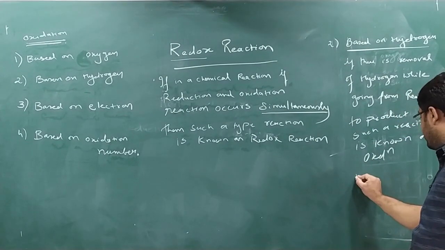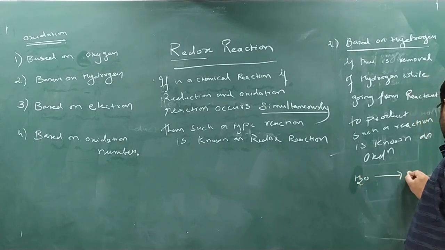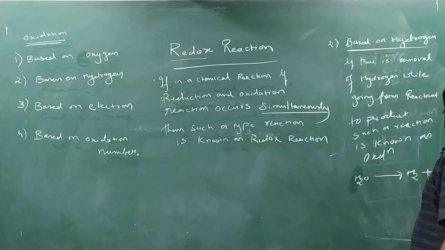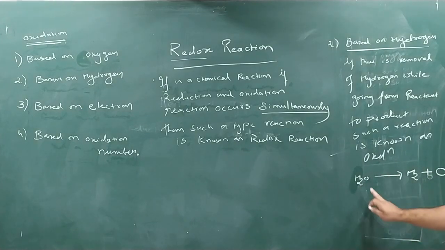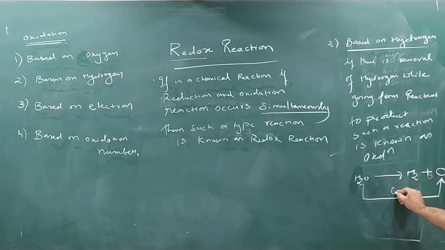The same reaction I will take of water. See, H2O, H2 plus O. In this chemical reaction, oxygen is added to the hydrogen, and by going from reactant to product, hydrogen is removed. So this portion is known as an oxidation.